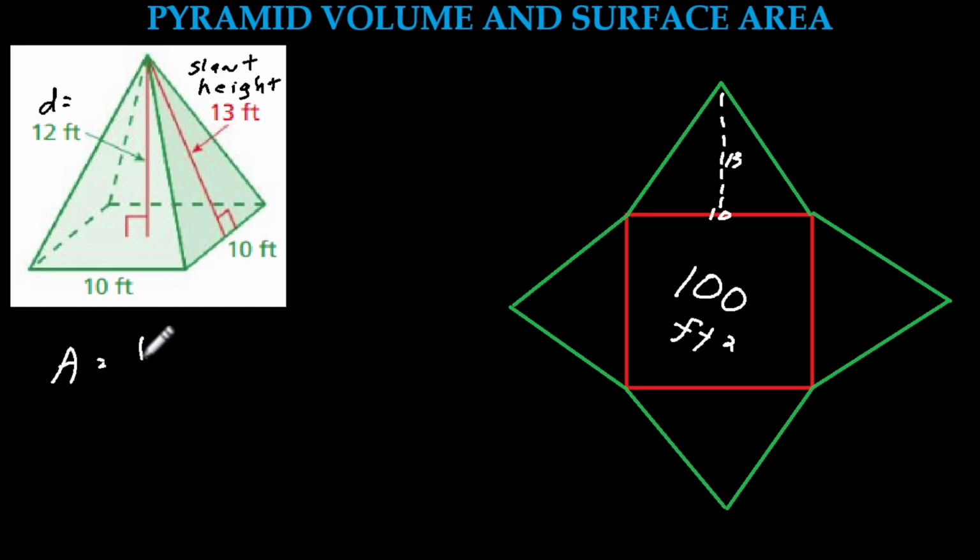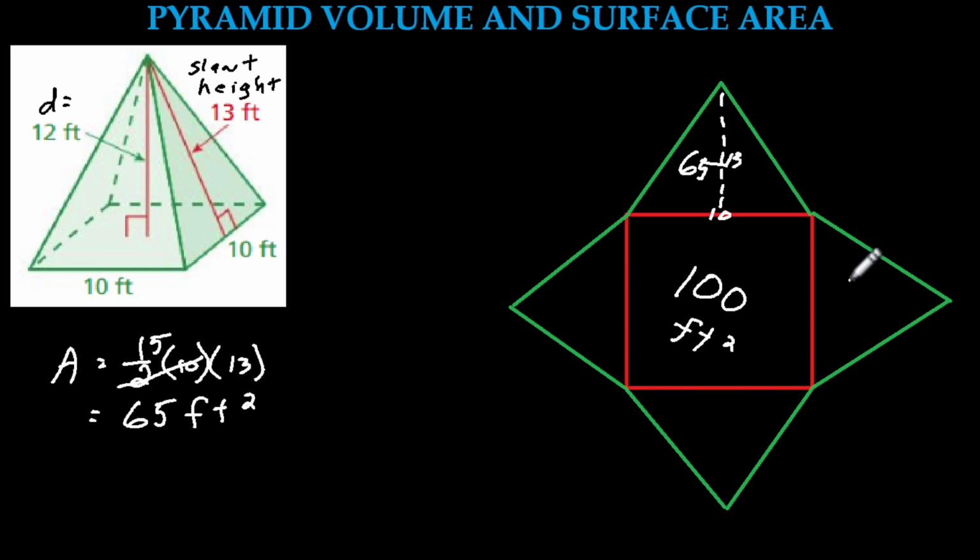So area equals 1/2, the base of 10, and the height of 13. I'm going to get rid of the half first, so half of 10 is 5. And 5 times 13 is 65 feet squared. And this is going to be the same for all of the triangles.